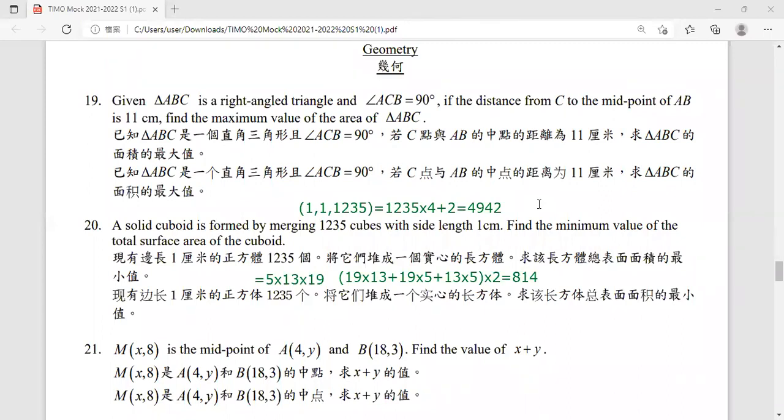Now, if I have a fixed volume and I want to make the surface area largest, I will make it into a very long shaped thing, for example a very long stick.